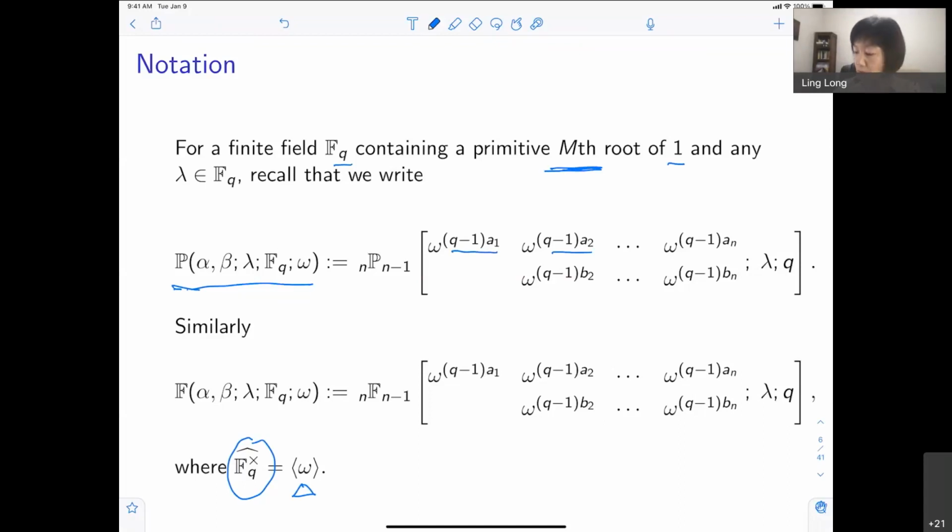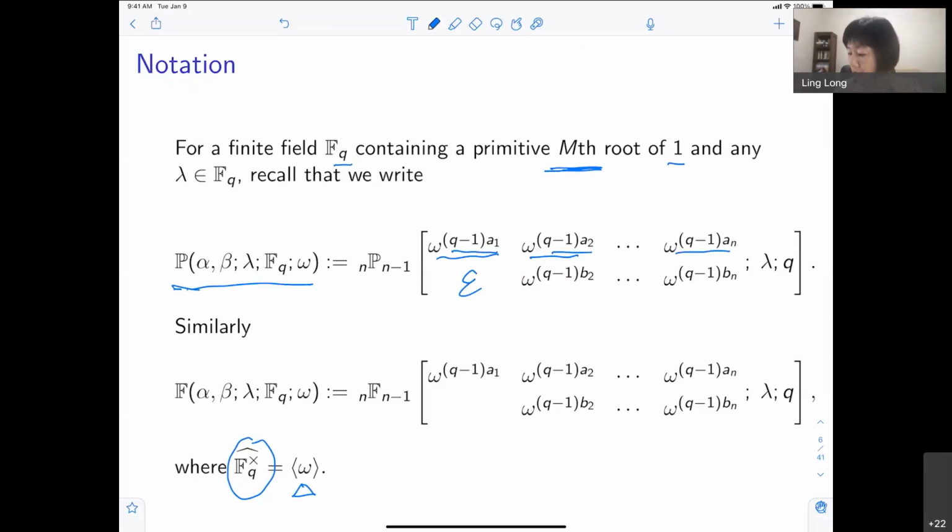So you just consider, now you have characters. You have a trivial character down here, then you put it into the definition of the period function, then you can compute the value. All right.